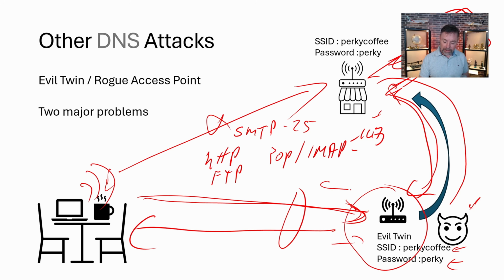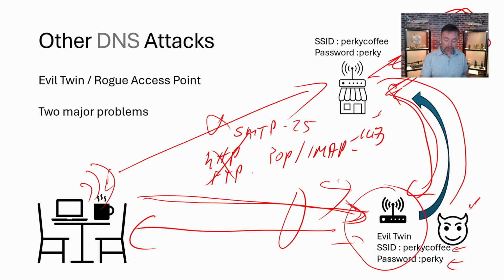And in this case, our evil twin can see all the emails we're sending, can see all the web pages that we're going to. Not only can they see them, they can modify the requests and they can modify the responses. They can capture any passwords that you enter and see all the data coming back. And because they've got your credentials, they can log in as you later.